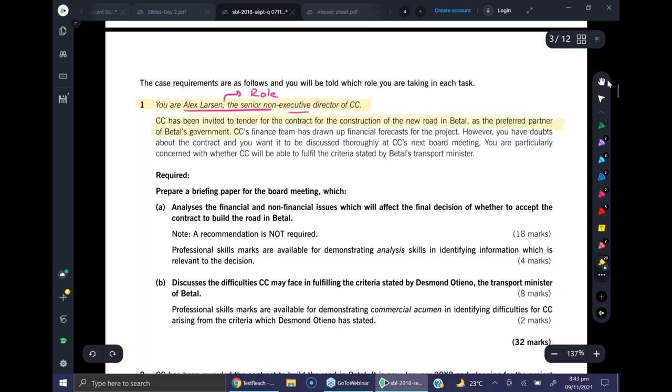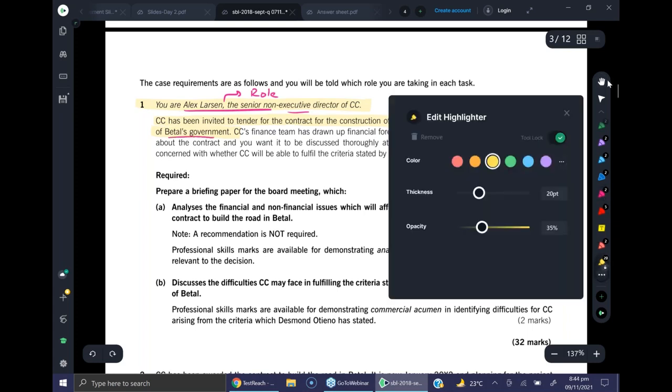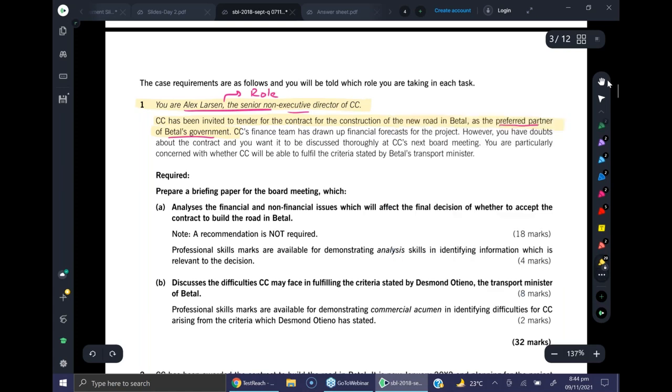So you remember that in the introduction, the question says that we are considering a project, construction of a road in Beetle, and now they are telling you that you have been invited to tender for the contract and you are the preferred partner of Beetle's government already, right? But you're not the final chosen partner for the government, you're only the preferred partner.